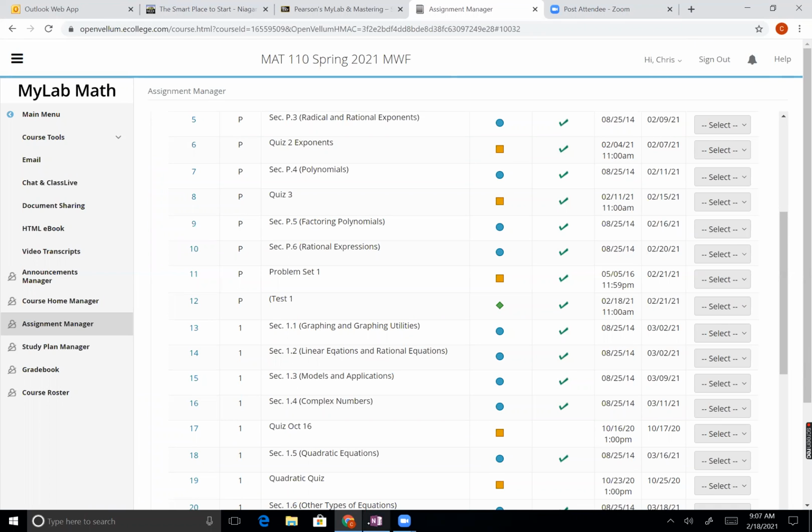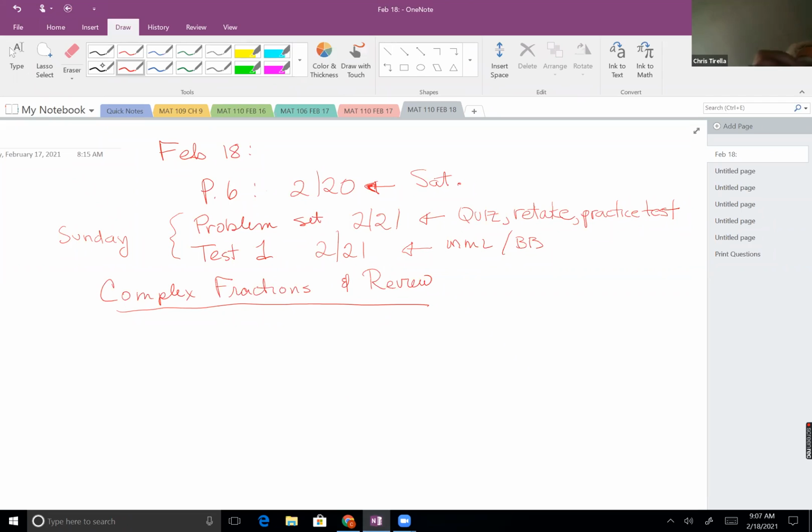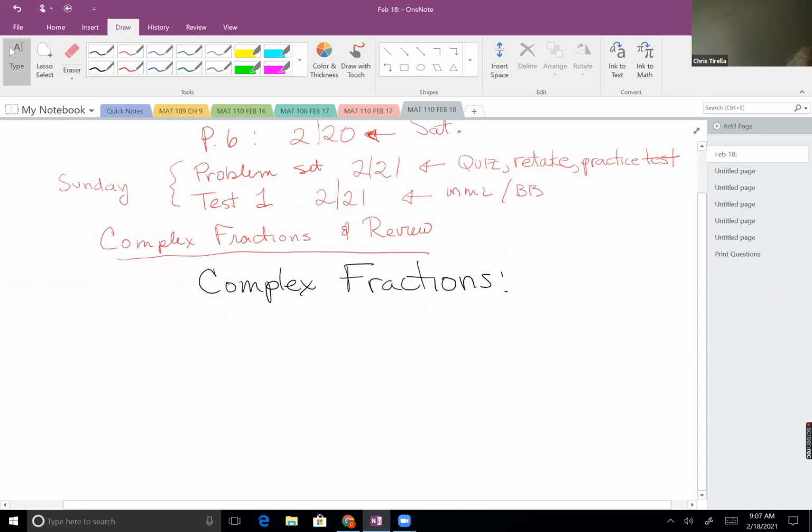Okay, then next place we're going, last new topic that I think will be at most one question on the test, deals with complex fractions. We're going to say that a complex fraction is a fraction that contains a fraction in its numerator or denominator, or both.